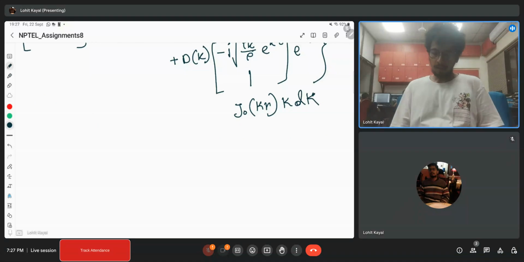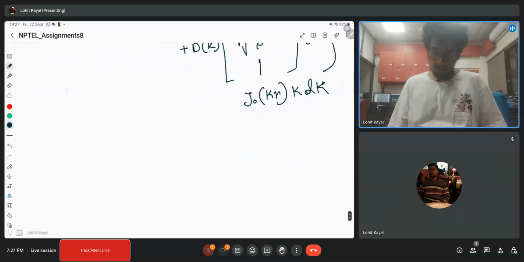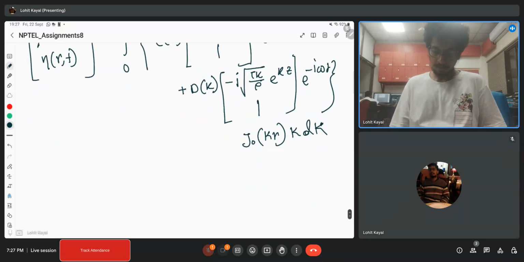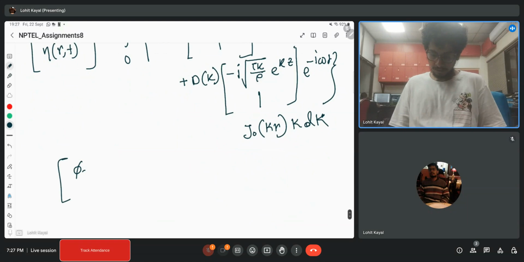Now the initial conditions we can write. So it will be phi(r, 0) and eta(r, 0). So it will be phi 0 of r.